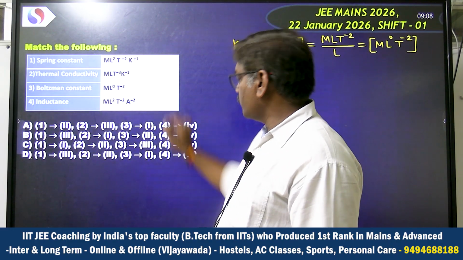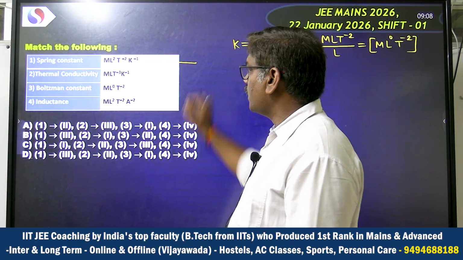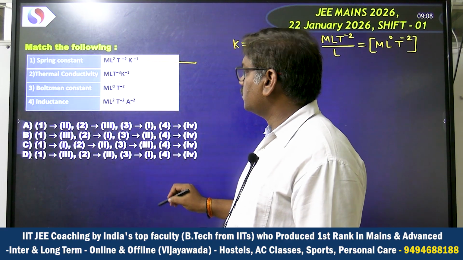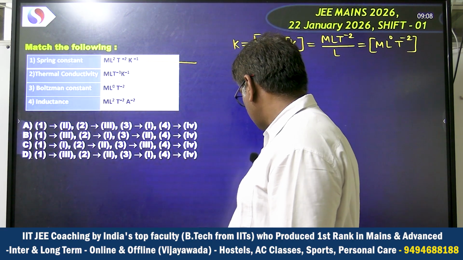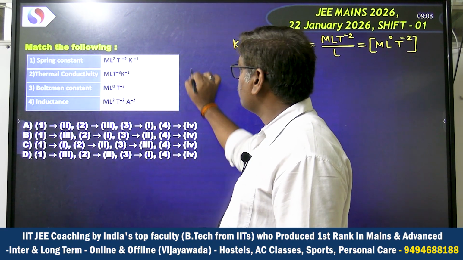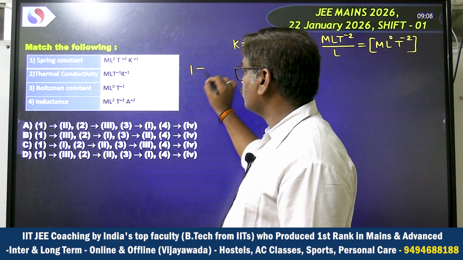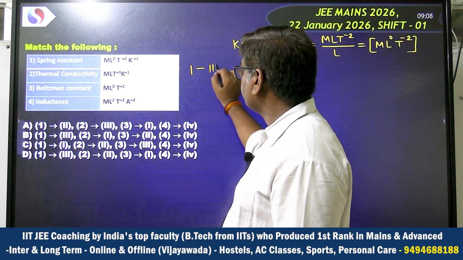So for the first one, we are going with the option mL0 T minus 2, which means option 3.